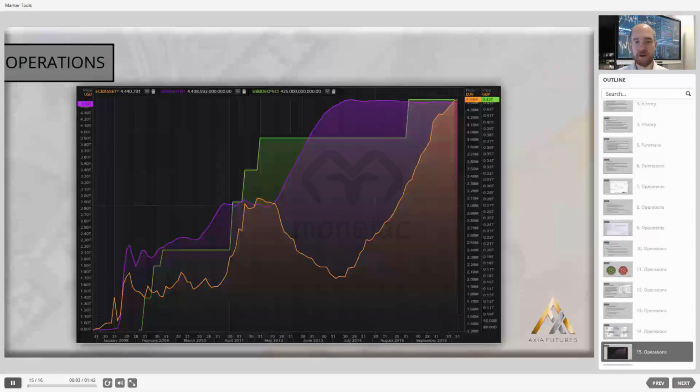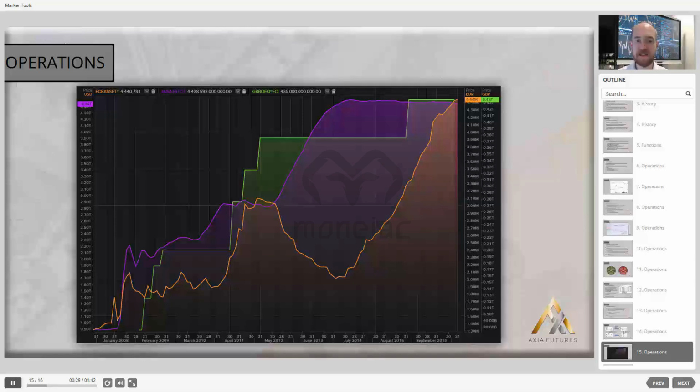Just a quick little illustration of how central banks' balance sheets have grown over time. What you've got, and note the scales, I see that all of the lines finish at the same point. The scale tells you exactly how much has been purchased, but what you've got is the purple is the Federal Reserve, green the Bank of England, and orange the ECB.